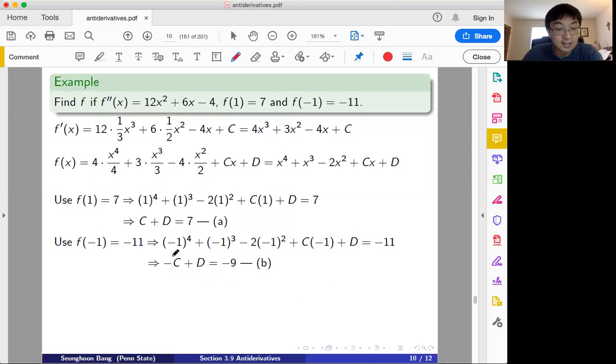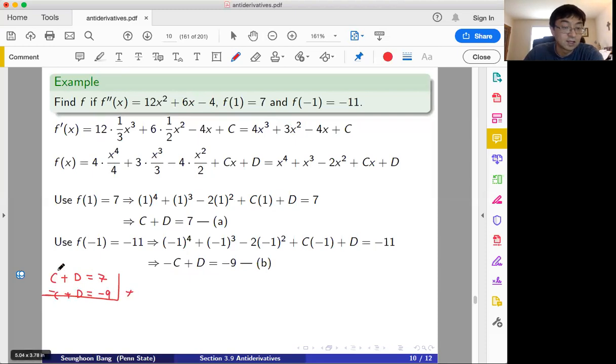So how can you find c and d? You can combine these two equations here. So we have c plus d equals 7, and negative c plus d equals negative 9. You add these two equations.